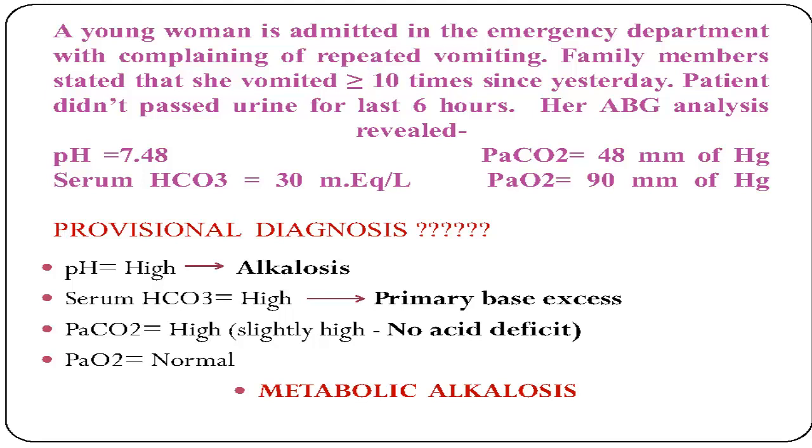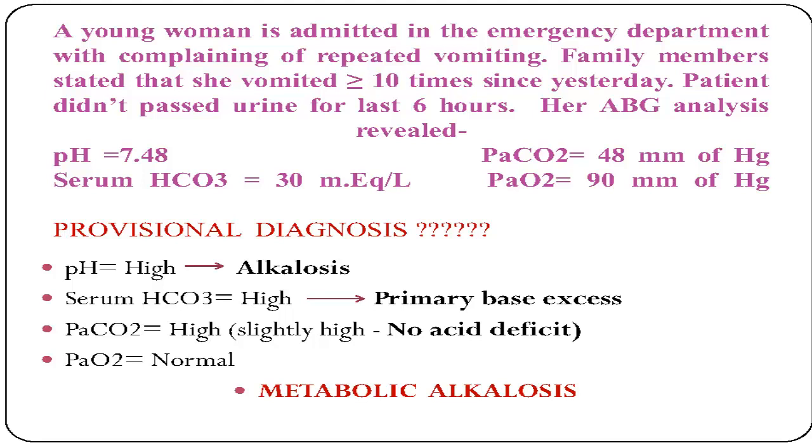The family members stated that she vomited more than 20 times since yesterday. The patient didn't pass urine for last 6 hours. So there is huge hypovolemia or volume deficit in this patient.